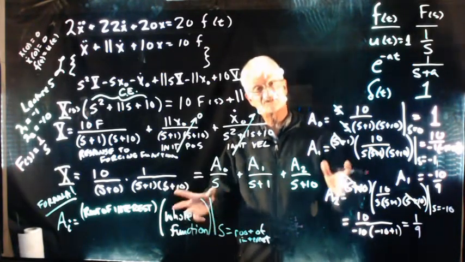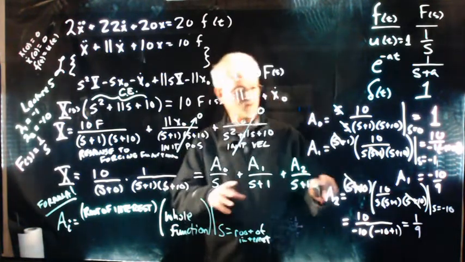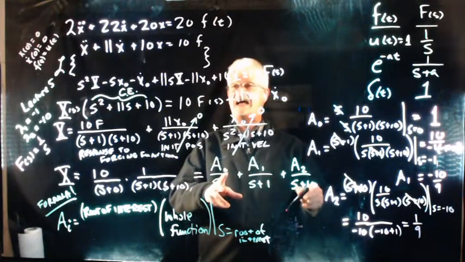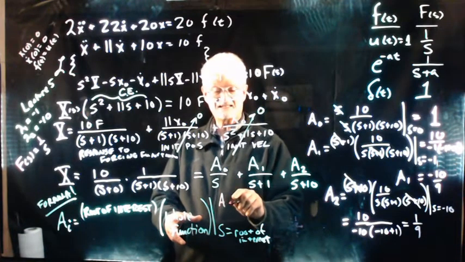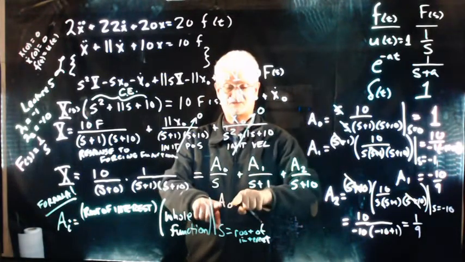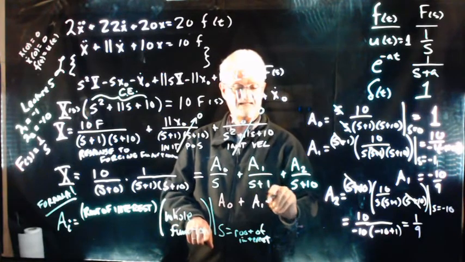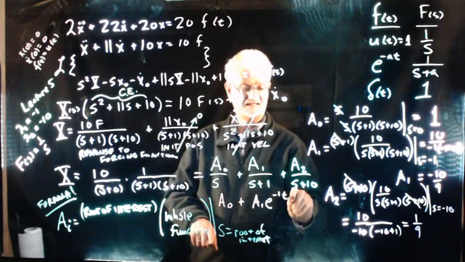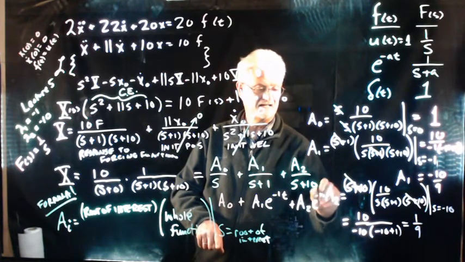Now, if you go look, those are the same ones that we got in Lecture 5. But what's important about this is that now I can just plug this in, easy peasy. If I do the inverse Laplace transform, that's just A0 plus A1 e to the minus t plus A2 e to the minus 10t.